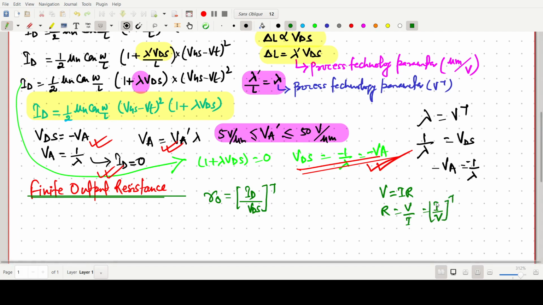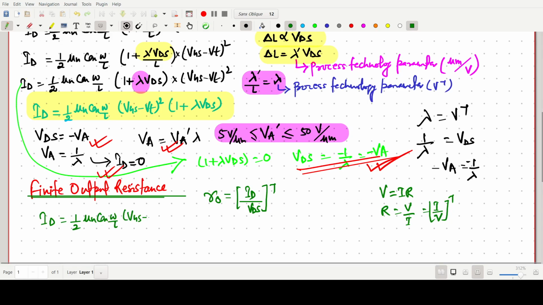I am writing this because the expression is in terms of ID and VDS. So I am writing first the expression for ID equals to 1 by 2 mu n Cox W by L, VGS minus VT whole square, 1 plus lambda VDS.